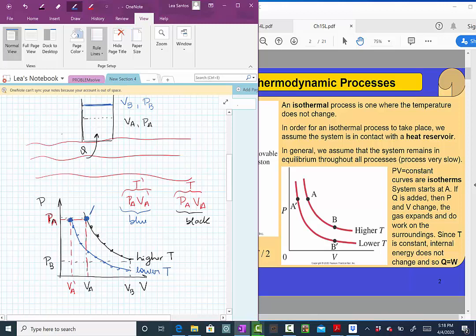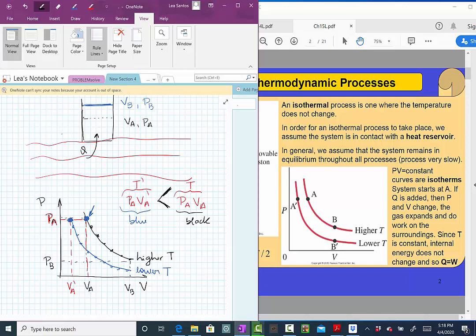The black point has a higher volume. So we know then that the black one has a higher temperature. Just by looking at these two curves and picking a point, you can determine which one has a higher temperature.